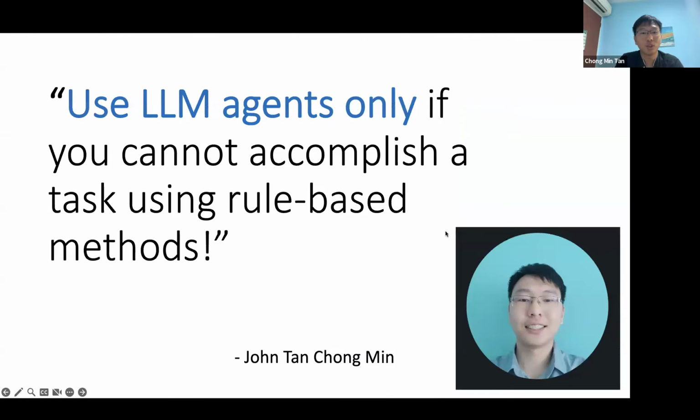So I come with my own quote. See, I use my own face here. Use LLM agents only if you cannot accomplish a task using rule-based methods. I think I have emphasized this over the past few months. I don't think an LLM agent should be used for everything because it's still subject to how well the LLM can interpret certain data. And LLMs are not trained to be decision makers.